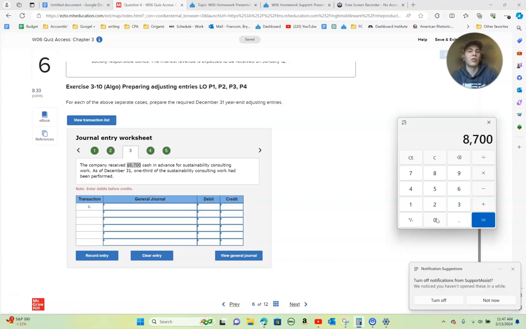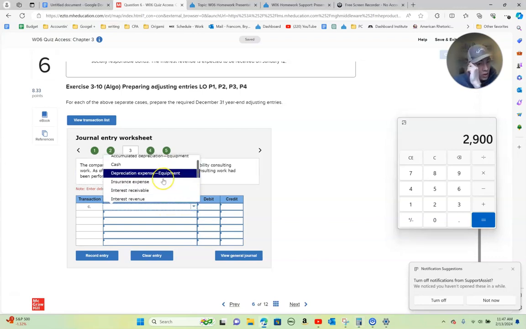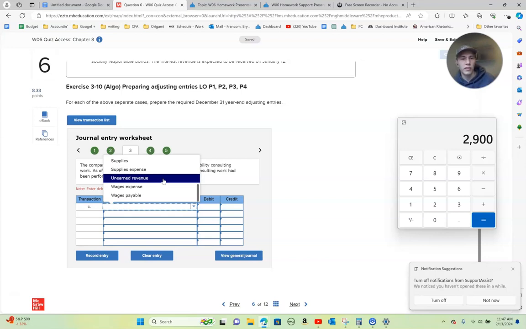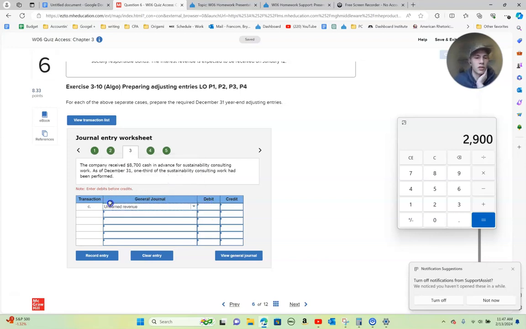As of December 31st, 1/3 of the sustainability consulting work had been performed. So we want to divide this by 1/3. Oh wait, what am I doing? 8,700 divided by 3. So they did $2,900 worth of work, right? So let's go ahead and put that in. We are going to debit that to our unearned revenue because this was the liability and we're going to be taking away 2,900.